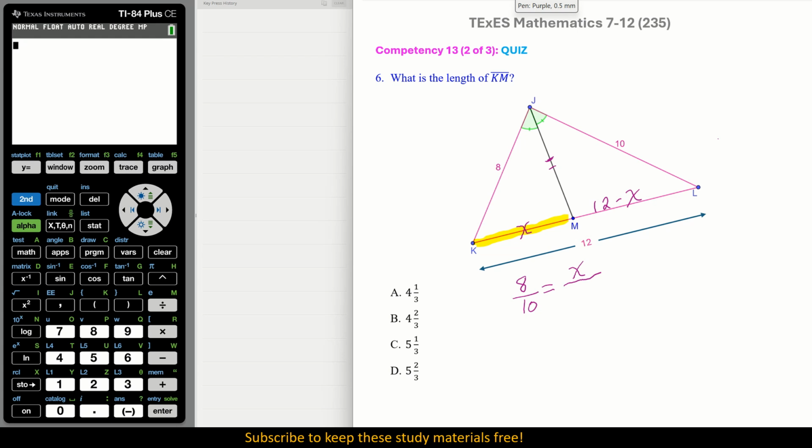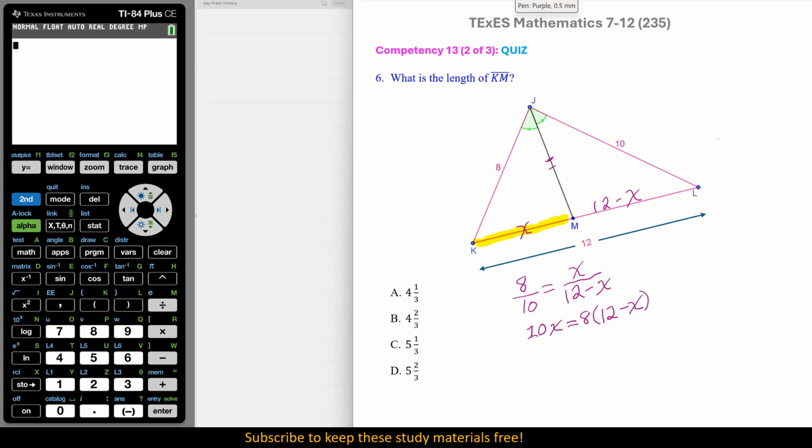I'm looking at two triangles. And then I'm going to look back at ML and say 12 minus X. Okay, so let's just solve this algebraically. So I have 10X is equal to 8 times 12 minus X.